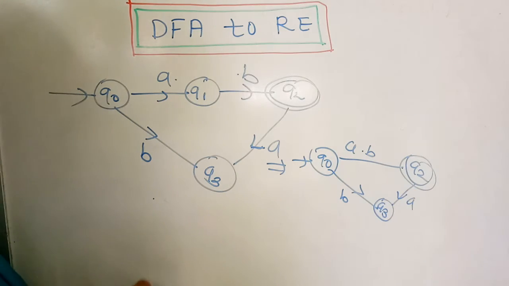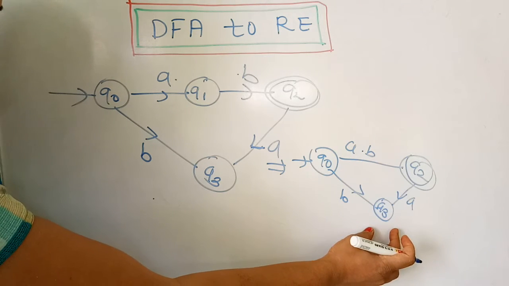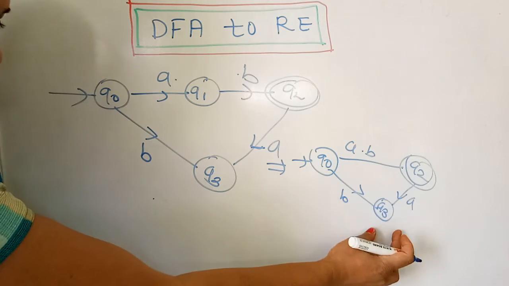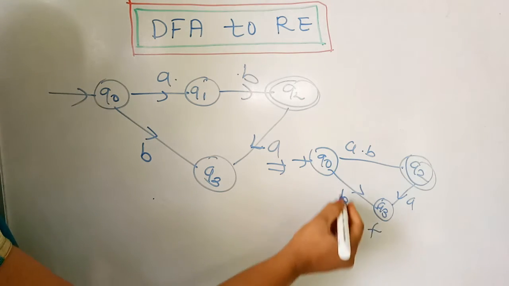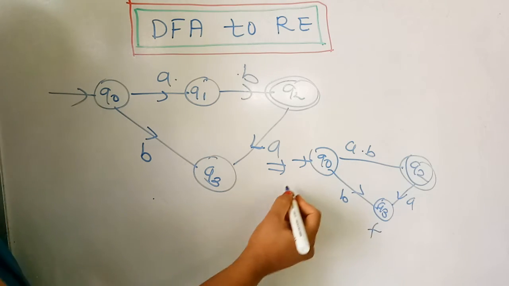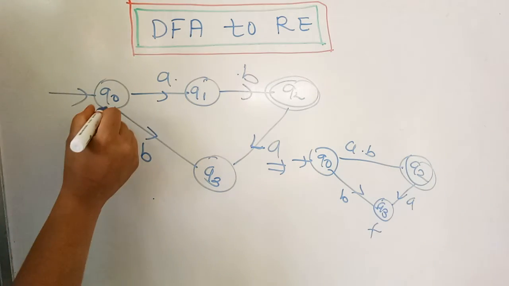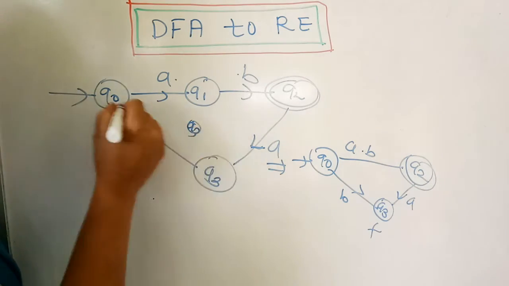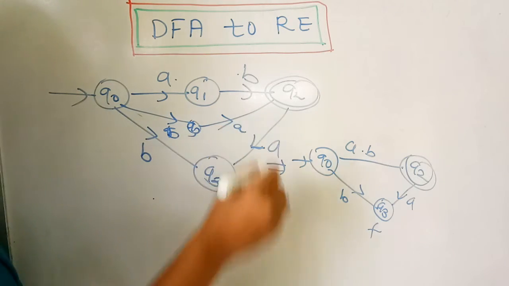Okay, but how will it be converted? After eliminating the Q3 state, as it has the backward connections, means it is a parallel mechanism, it gives us the mechanism of plus. If we write this diagram in plain manner, we can write it as Q0, Q3 and Q2, means these are in a plain concatenation fashion.